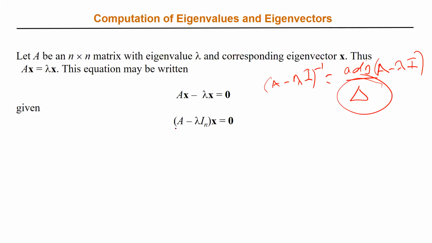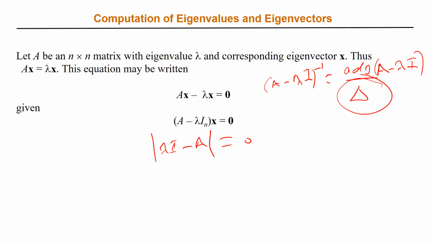To find the eigenvalues, you set the determinant of either lambda I minus A or A minus lambda I equal to 0 and solve. That will give you the eigenvalues.